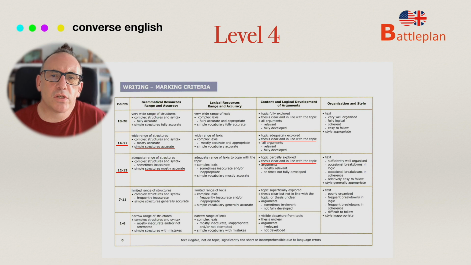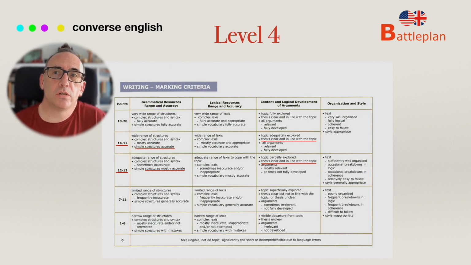However, if we look over to the content and logical development, we've got a phrase that we need to pay attention to. This is for pass: thesis clear and in line with the topic. By thesis clear, this is what I mean by stating your thesis in the introduction. So in the very beginning, in the introduction paragraph, you need to take that stance, that point of view, and clearly state it.